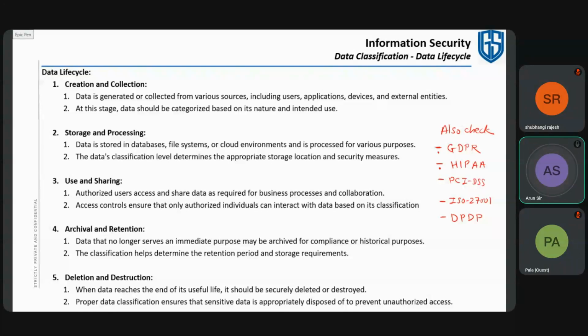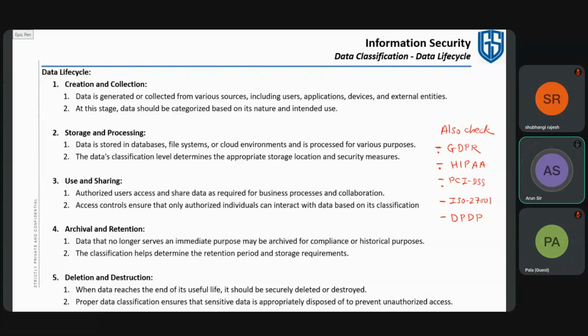Then there is PCI DSS. PCI DSS is for the payment card interface and data protection. If you are using a credit card, debit card, or any other wallet, that should comply with these PCI DSS norms.